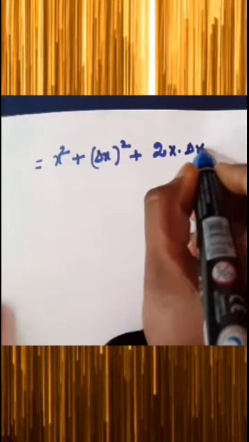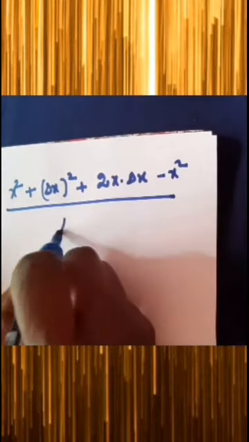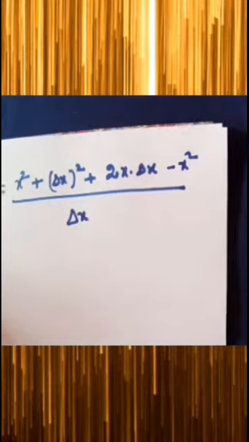What is a actually? a is x into delta x. Minus x square. The whole term is divided by delta x.